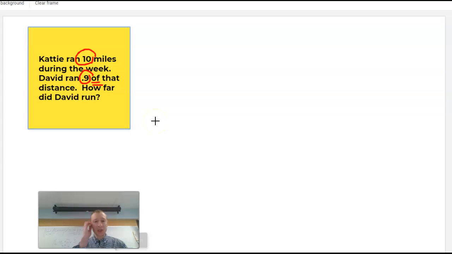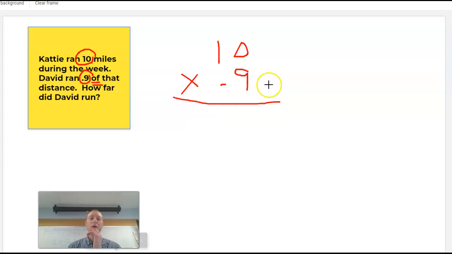Remember, when we multiply by a decimal, we're really taking part of something. So that word of tells us that we're going to multiply, right? So Katie ran 10 miles, and David ran 9/10 of that amount. What's 9/10 of 10?